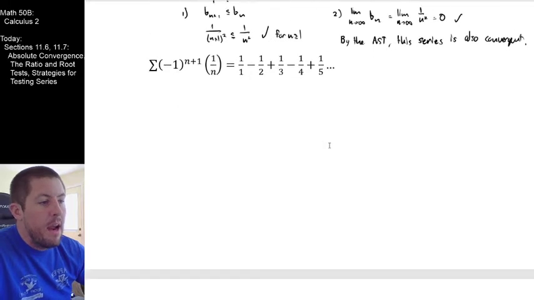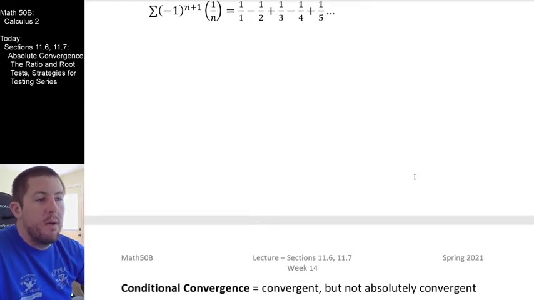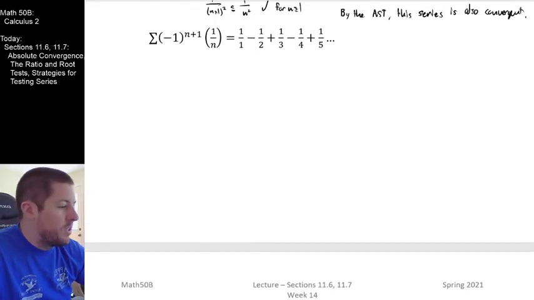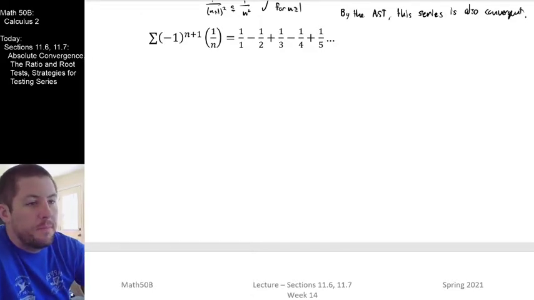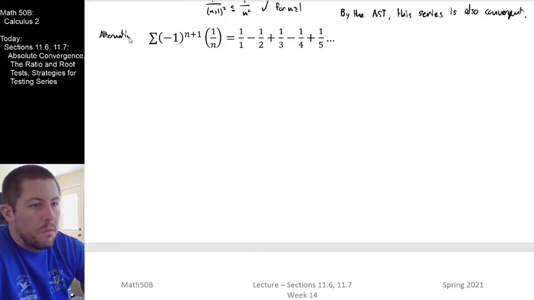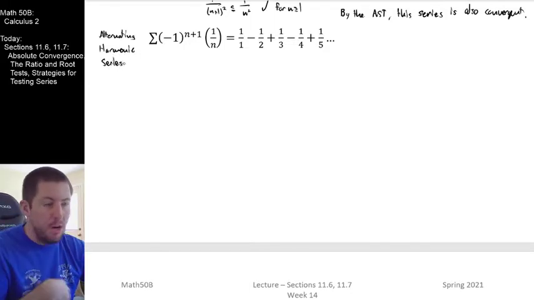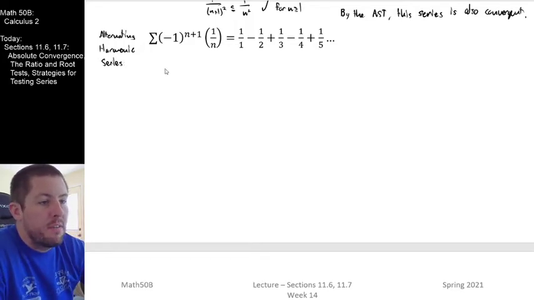Now, for our second example here, you can see that what we've got is what we refer to as the alternating harmonic series. It's the harmonic series, those 1 over n's, but we're going to make every other term be a negative. So first, let's check for absolute convergence.